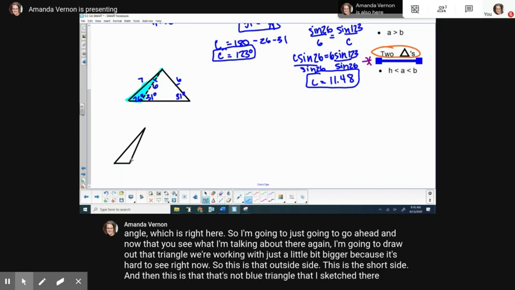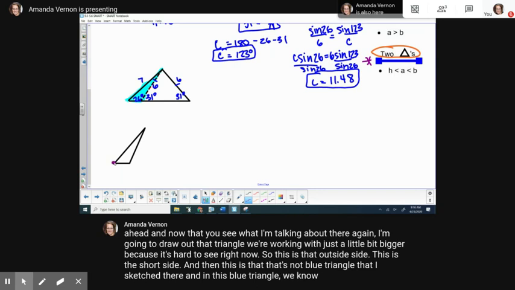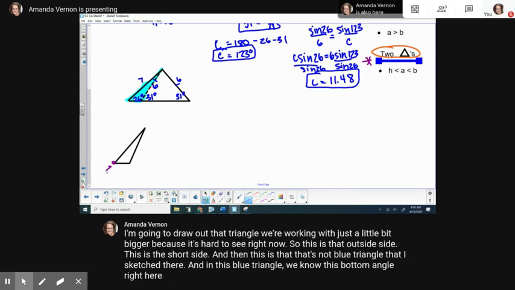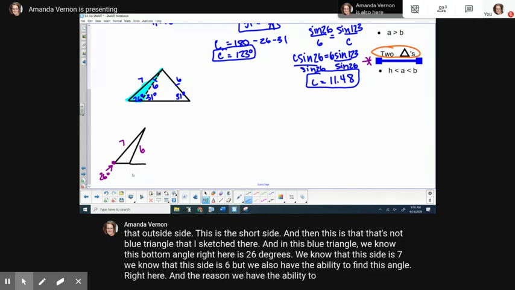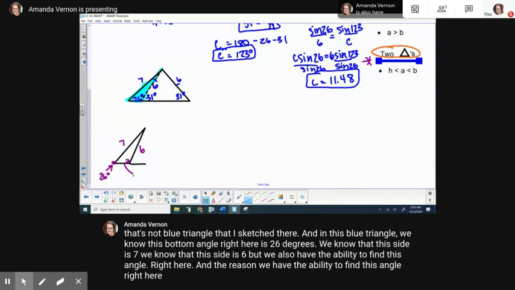In this blue triangle, we know this bottom angle right here is 26 degrees. We know that this side is 7. We know that this side is 6. But we also have the ability to find this angle right here, because we know that this other side of this triangle has an angle measurement of 31 degrees.